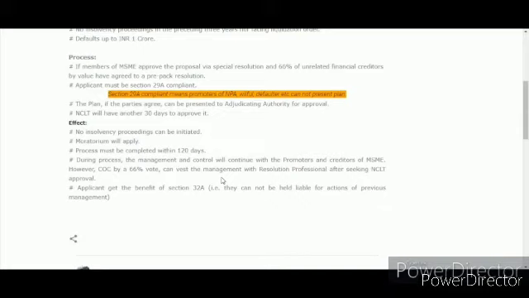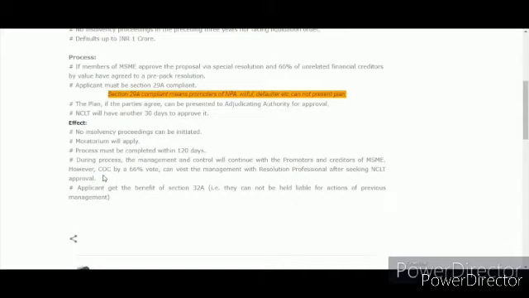Again, the whole process must be completed within 120 days, and this is an important aspect. During the 120 days, the management and control will remain with the promoter.